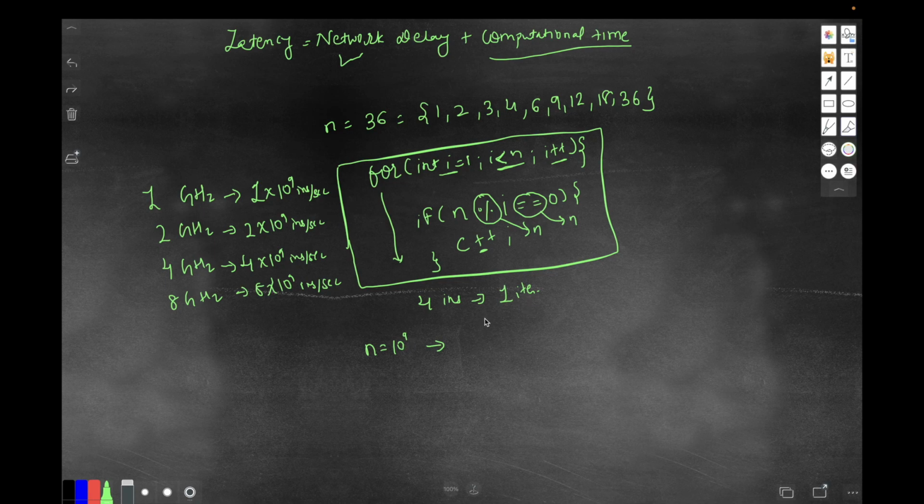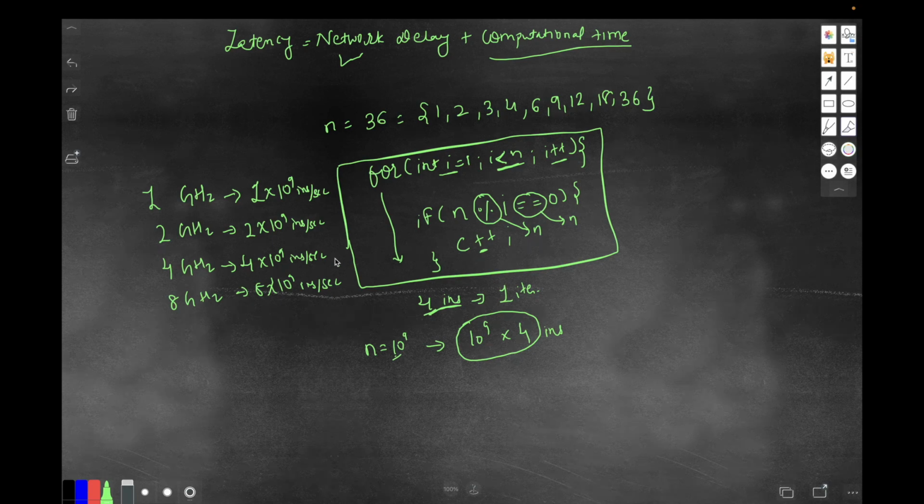It is going to iterate till n, so 10 to the power 9 iterations it will take. In one iteration we are executing 4 instructions. So this many instructions will get executed in all. To calculate the factors of 10 to the power 9, I need to execute this many instructions.